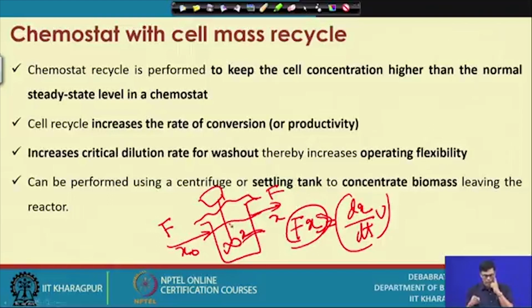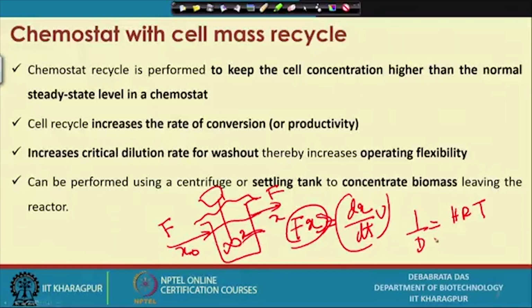Another explanation for this is the generation time, because 1 by D is considered the hydraulic retention time. Hydraulic retention time means how long you allow a particular liquid to reside in the reactor. If your generation time is more than the hydraulic retention time, the liquid will get less time.